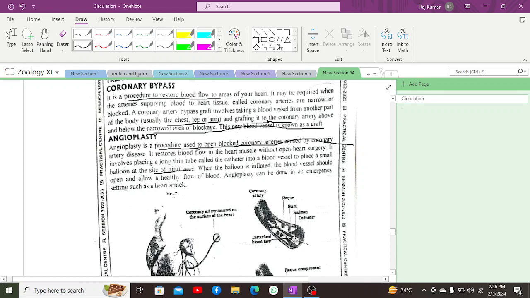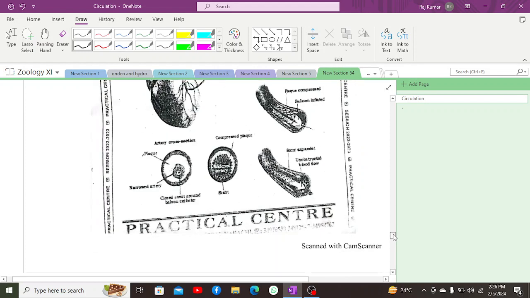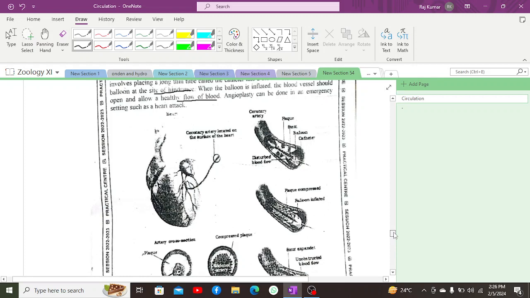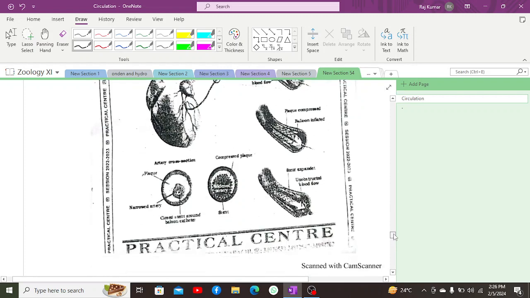So this is how the actual mechanism occurs. Angioplasty can be done in an emergency setting, such as heart attack. And after that, these are the diagrammatic views which I just explained right now.